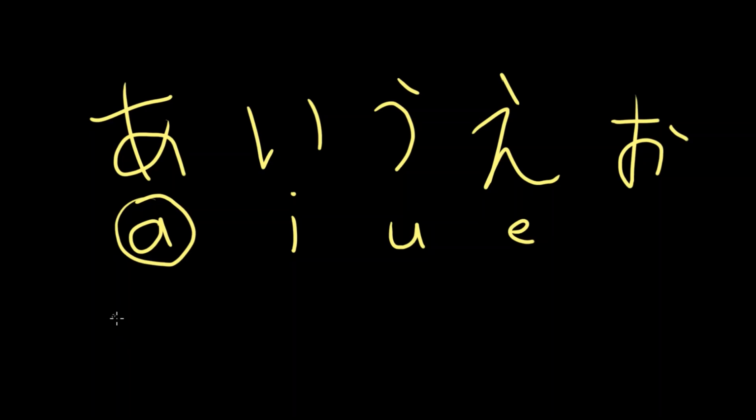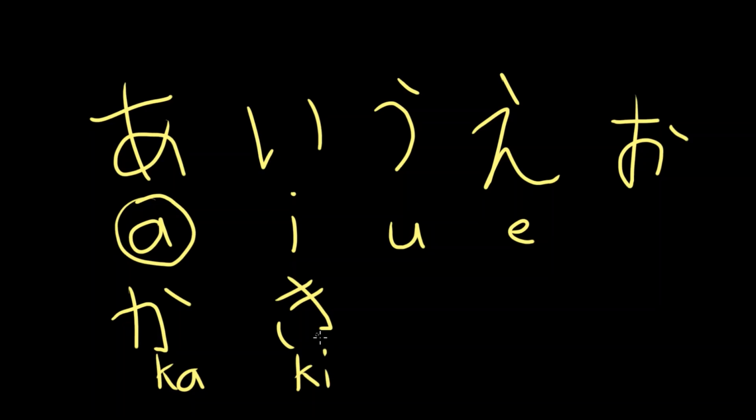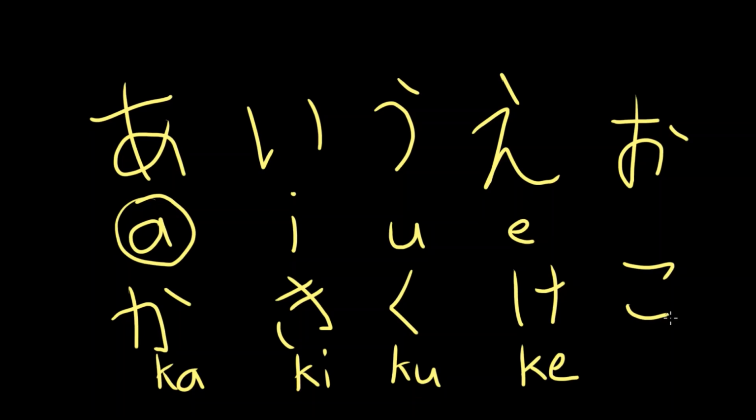So the next row is ka, ki, ku, ke, and ko. So a, i, u, e, o, and ka, ki, ku, ke, ko.